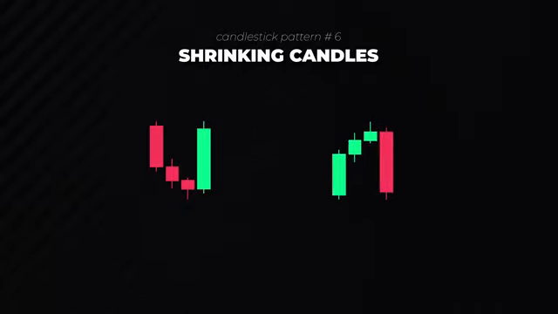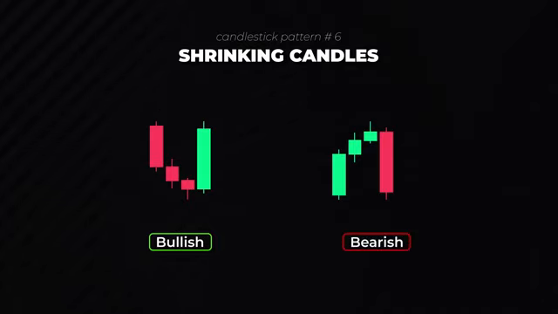There are 2 types of shrinking candles: a bullish shrinking candle pattern, where the 3 shrinking candles are red and the 4th candle is green, and a bearish shrinking candle pattern, where the 3 shrinking candles are green and the 4th candle is red. Whenever you see this type of pattern on a chart, it signals a possible reversal of the current trend.